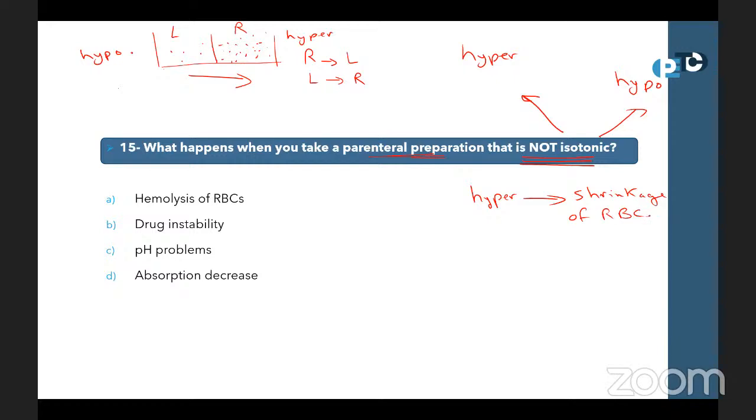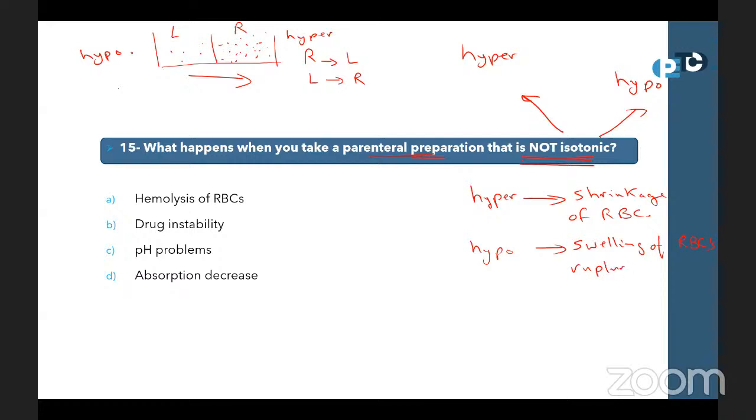Okay? While if we inject a hypotonic solution, the fluids will transfer from this solution into the RBCs, leading to swelling of RBCs, then rupture.